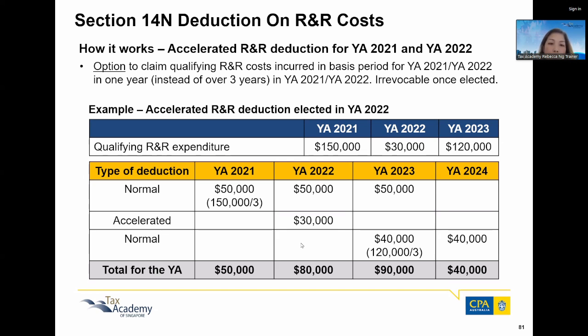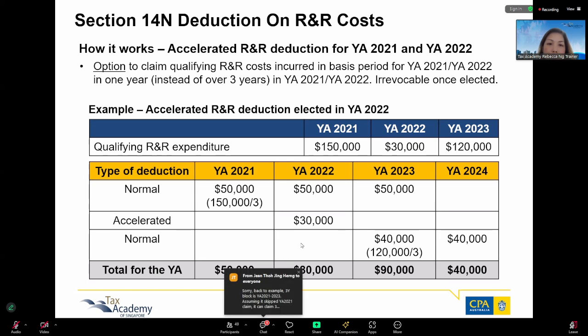In YA 2021, the company did not elect for the accelerated. So what happens? 150,000 over the period of 3 years: 50,000 for YA 2021, 50,000 for YA 2022, and 50,000 for YA 2023. For YA 2022, the company elected to claim over a period of 1 year.